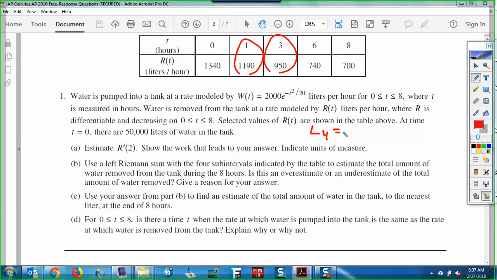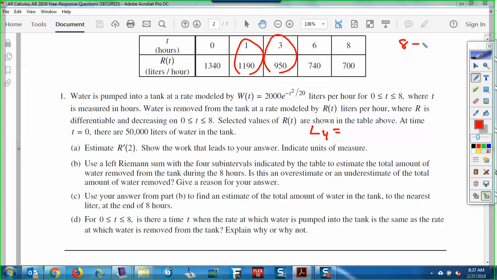Liters per hour. Remember, when you do a Riemann sum, you're estimating an area. You're doing an integral, aren't you? So it's like an antiderivative, right? So if R is liters per hour, you do a Riemann sum, you're finding liters, right? Your graph would be liters per hour tall and hours wide. That would be liters, right? From 0 to 8.